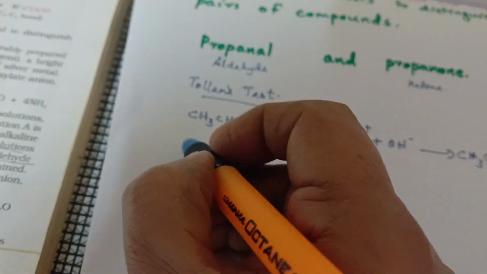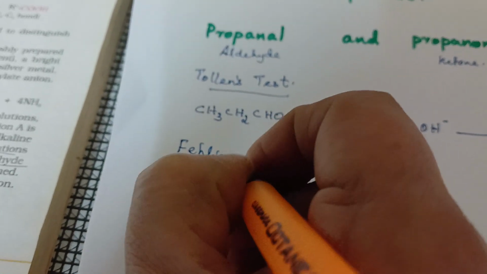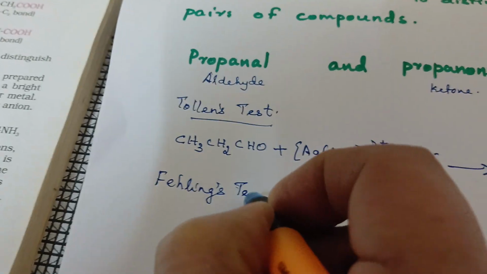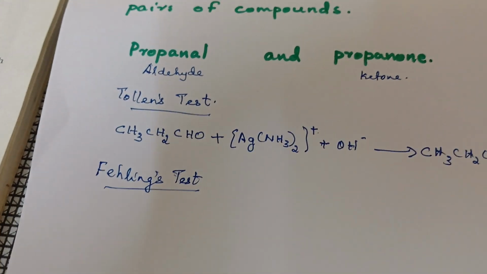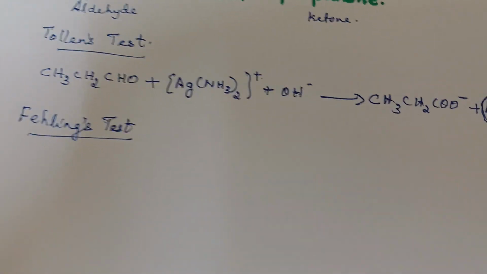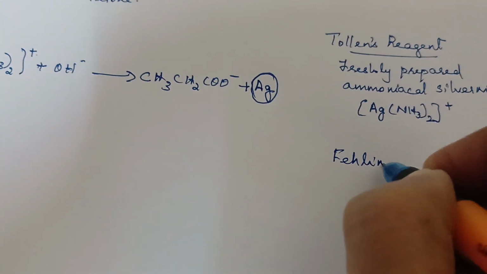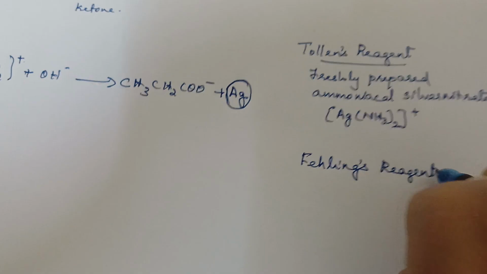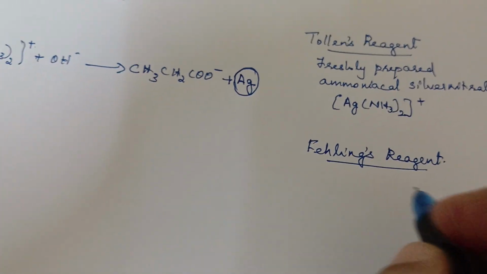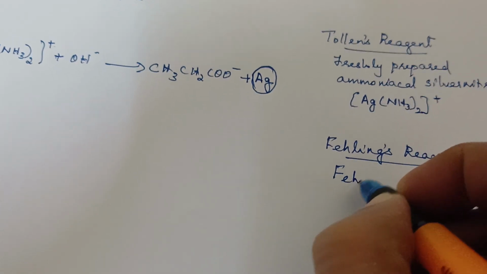Then the next one is Fehling's test. In Fehling's test, you have Fehling's reagent, which consists of two solutions.